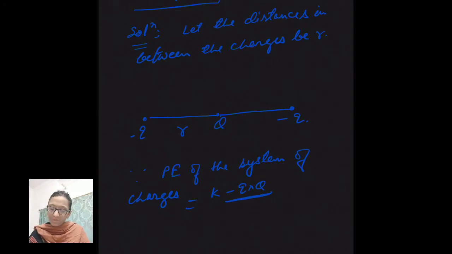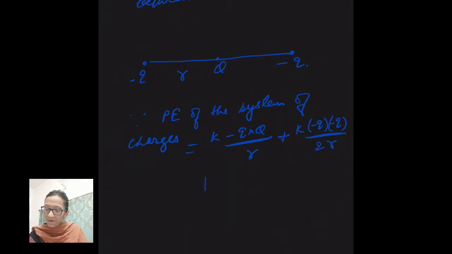So K minus q into capital Q upon the distance in between, which is R, plus K minus q into minus q upon the distance, now they are at a distance of 2R.